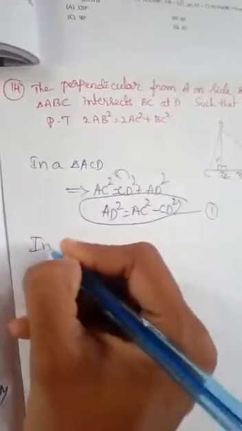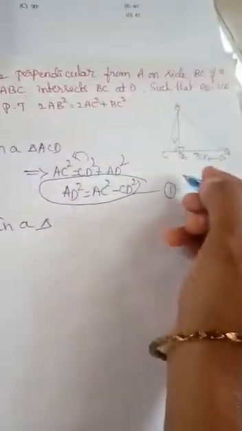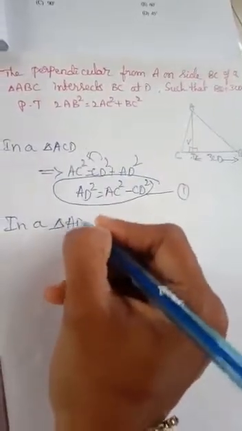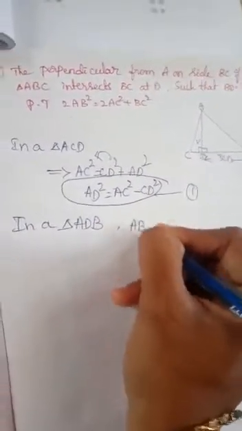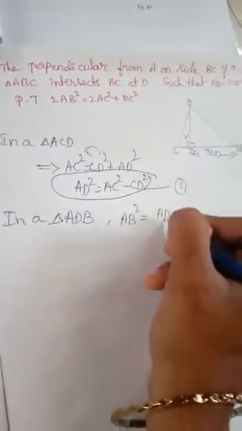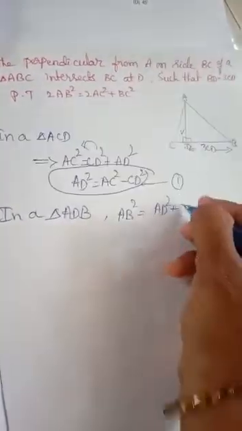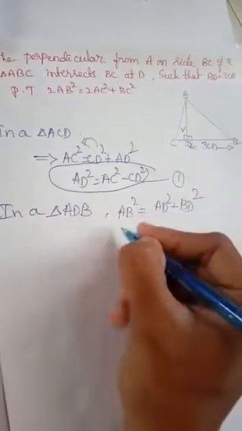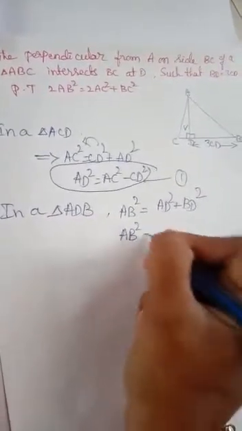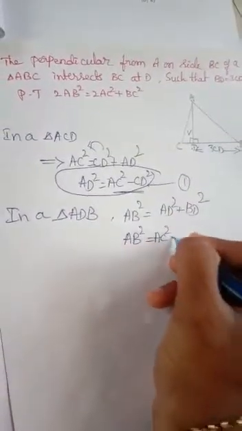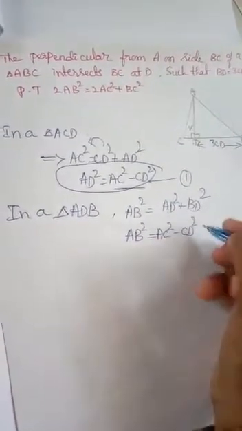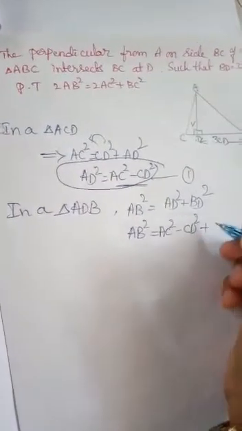Next, in triangle ADB, AB is the hypotenuse. Therefore, AB square is equal to AD square plus BD square. AD square means AC square minus CD square, from equation 1.